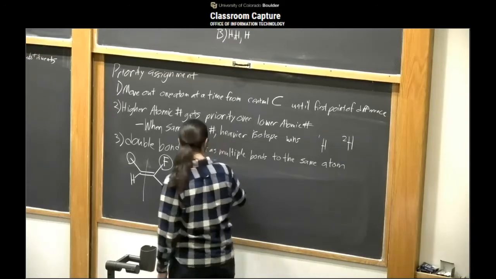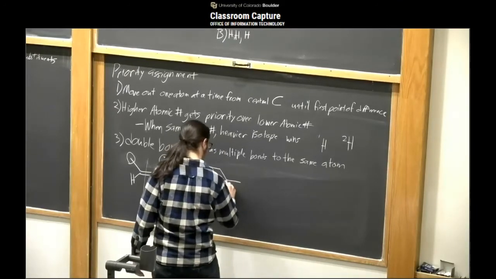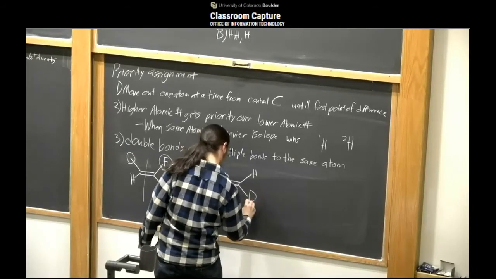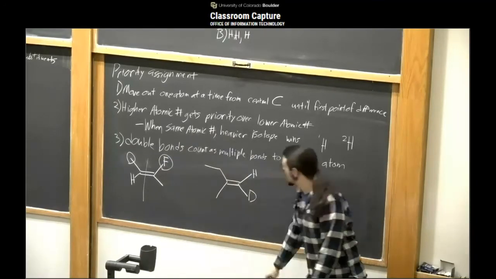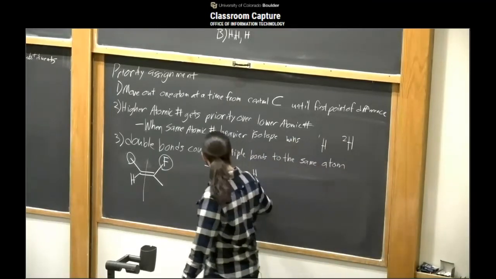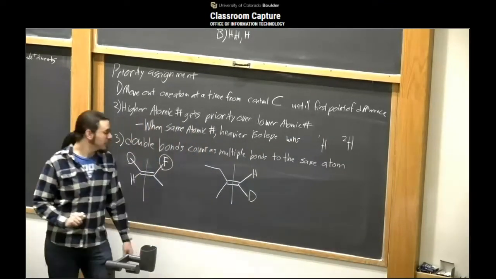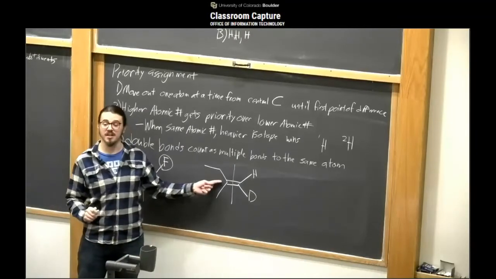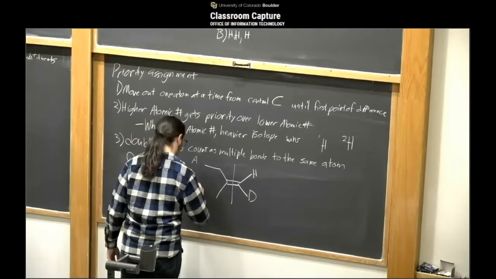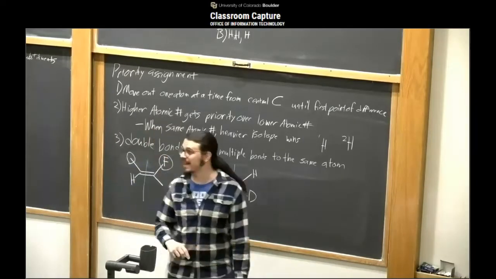So if we want to think about another example, this D means deuterium. Again, looking at the left, the central carbon is bonded to two different carbons. We'll just label them A and B again so that we can approach this problem systematically.